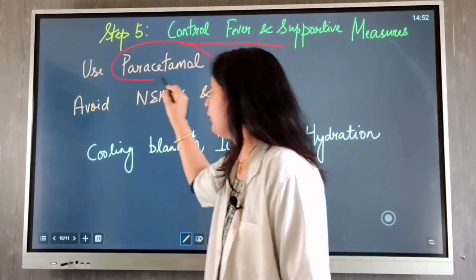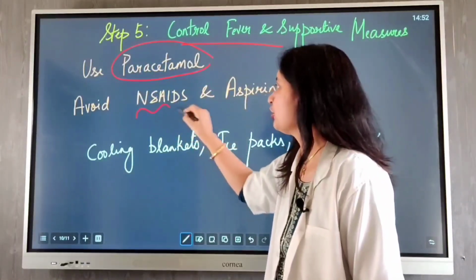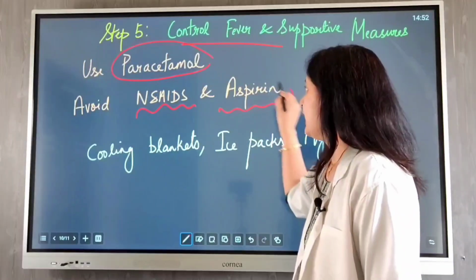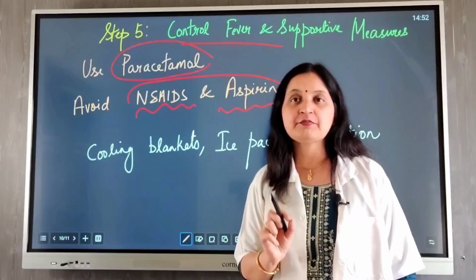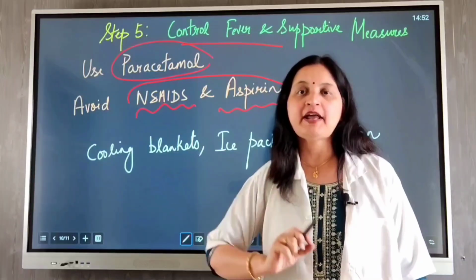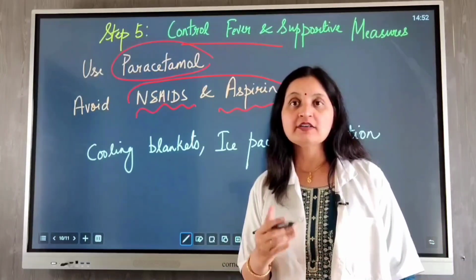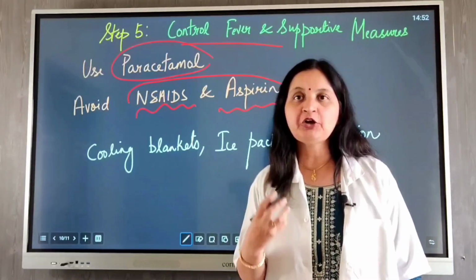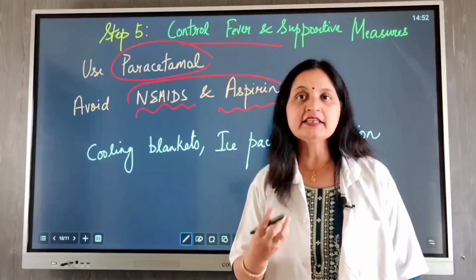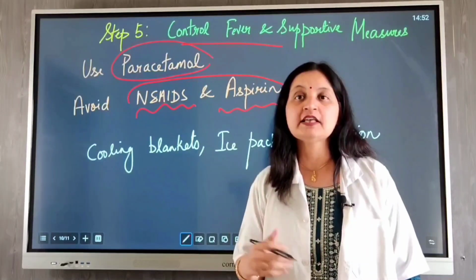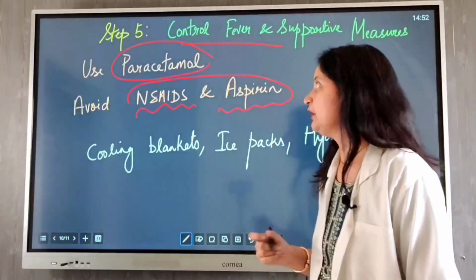Step 5 is to control fever and symptomatic measures. Use paracetamol and avoid non-steroidal anti-inflammatory drugs and aspirin. Non-steroidal anti-inflammatory drugs and aspirin are avoided in the management of thyrotoxic crisis because they displace the thyroid hormones from the plasma protein, thus increasing the free thyroid hormone levels and increasing the symptoms.